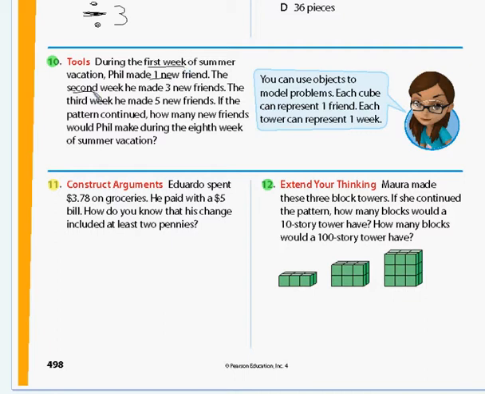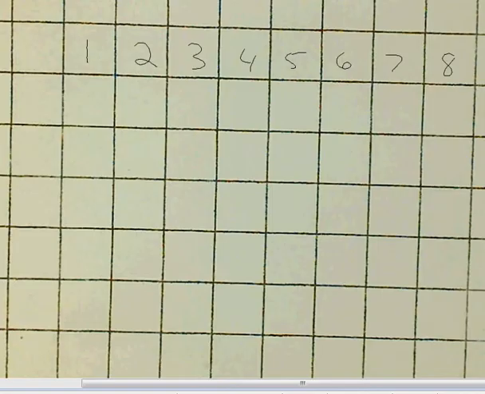Second week, he made 3 friends. Third week, he made 5 friends. So that's 1, 3, and 5. So 1 friend, 3 friends, 5 friends.